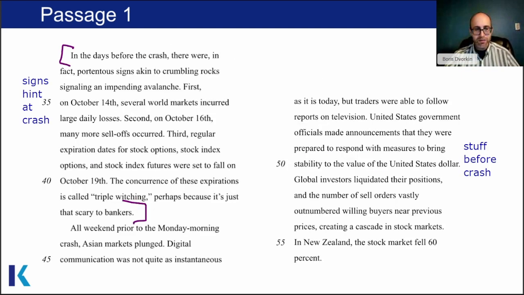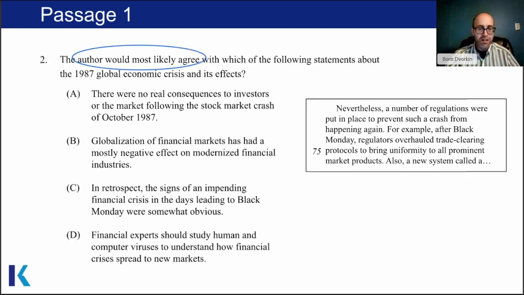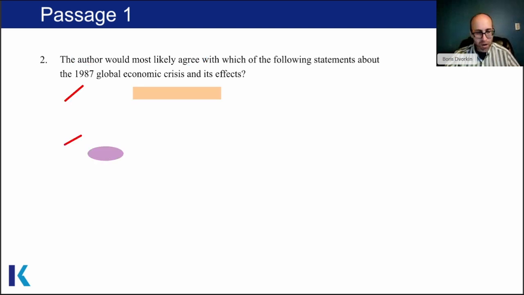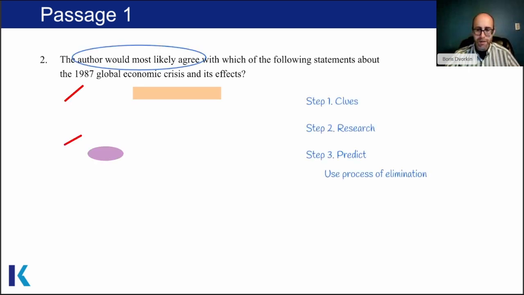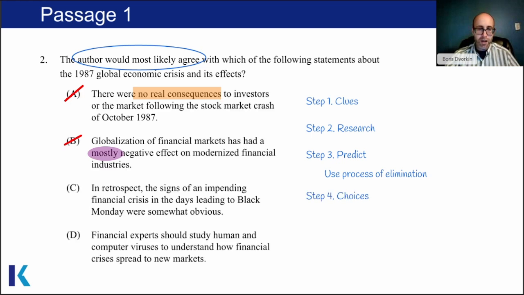Remember this paragraph? Signs hint at crash. Some of you annotated this as warning signs, which is great. If you put warning signs in your notes, you are rock and rolling. You're definitely, no hesitation, gonna grab answer choice C. So we're gonna go ahead and grab that choice, confirm it, and move on with the PSAT.